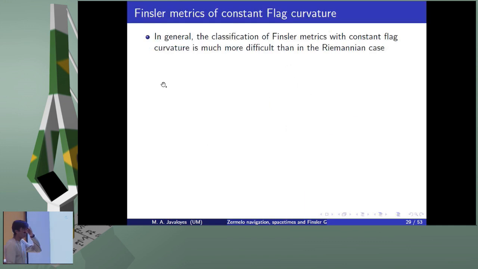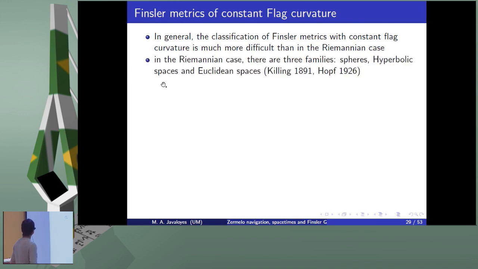So, well, the problem of classification of Finsler geometries of constant flag curvature is very difficult. It's much more difficult than in the Riemannian case. Because, in the Riemannian case, it was solved many years ago by Killing and Hopf. I didn't know that Killing solved this problem in 1891.